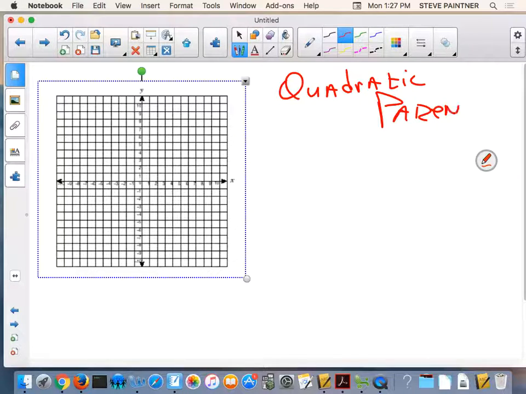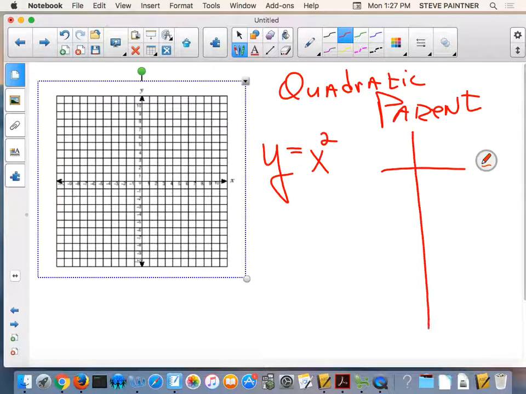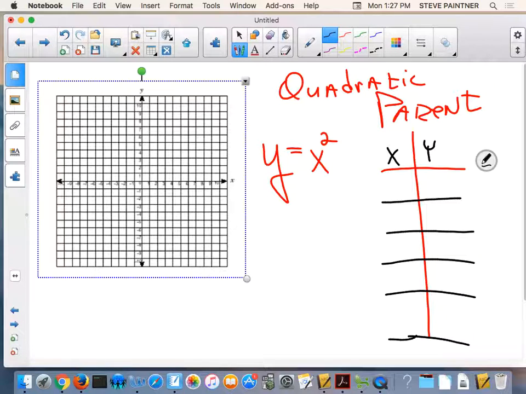And the quadratic parent is simply going to be y equals x squared. Right? That's it. Again, I don't think I have to tell you how to do it. You've done these before. I always start with 0.